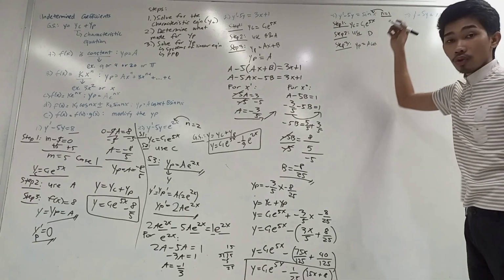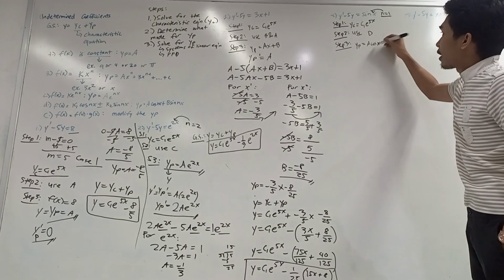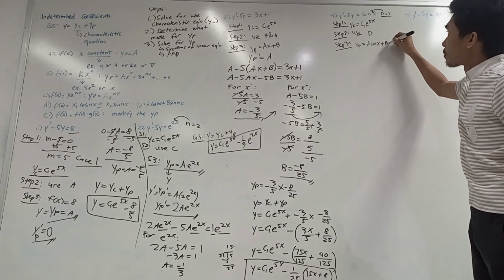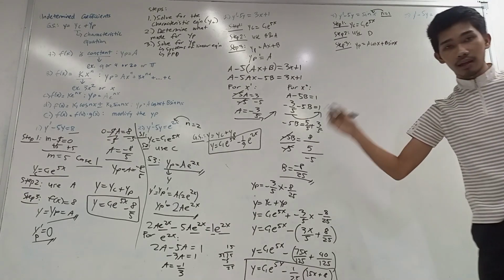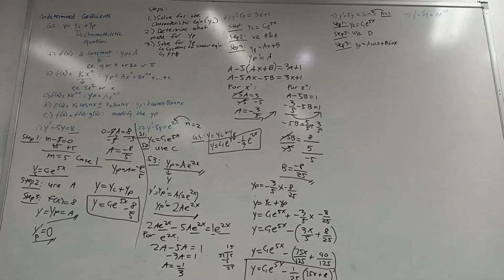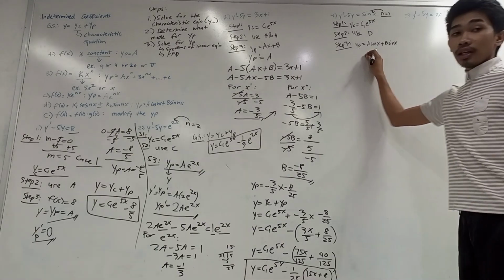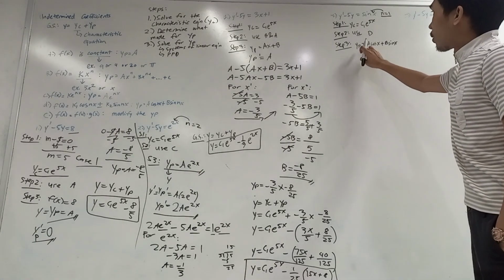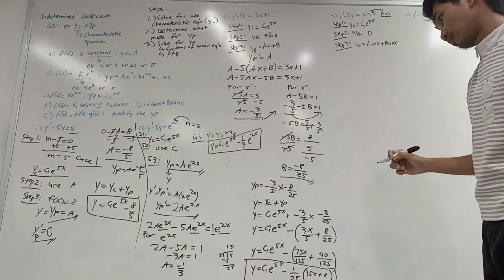So, n is equals to 1. So, a cos x plus b sin x. Ito siya, as we can see, is yp pa lang.